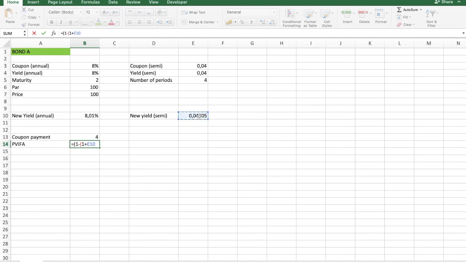So power the number of periods, divided by the yield to maturity.